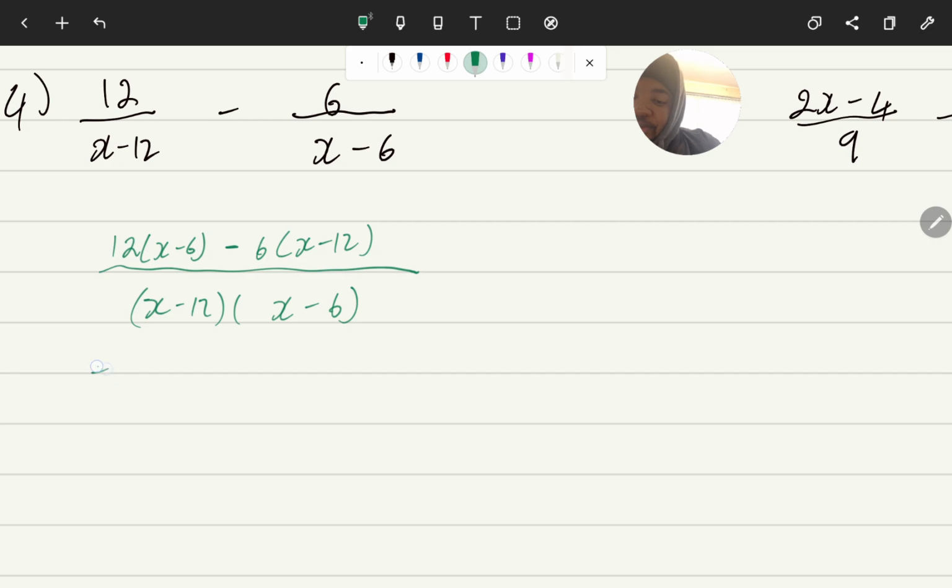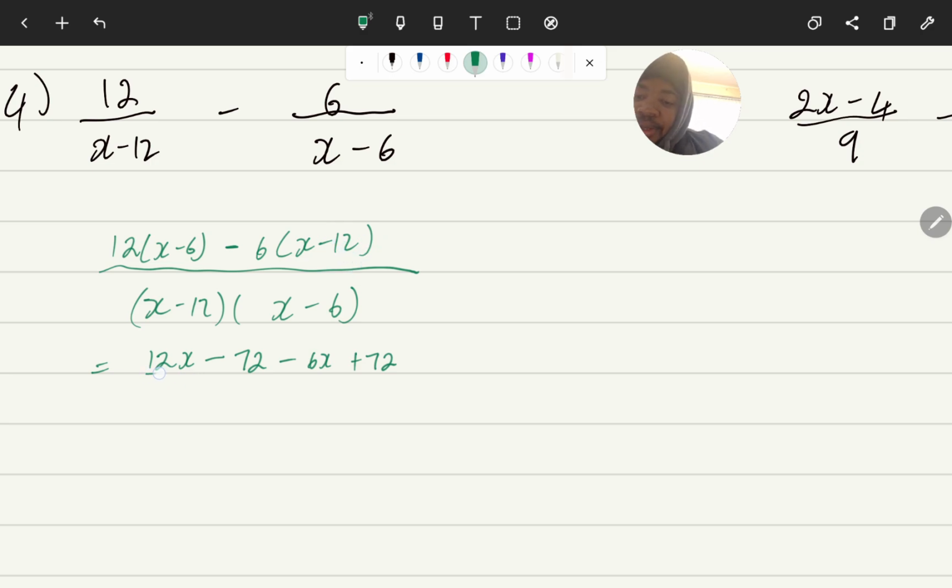So continuing further, you have 12x minus 72, then minus 6x plus 72. Okay, I just want to check. So we have a negative here, negative 72, and then negative plus.